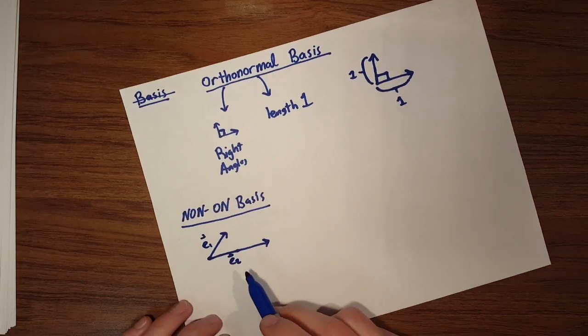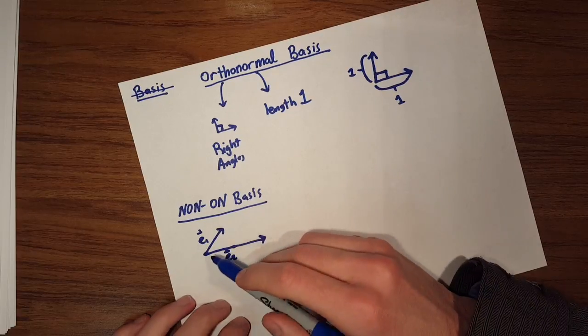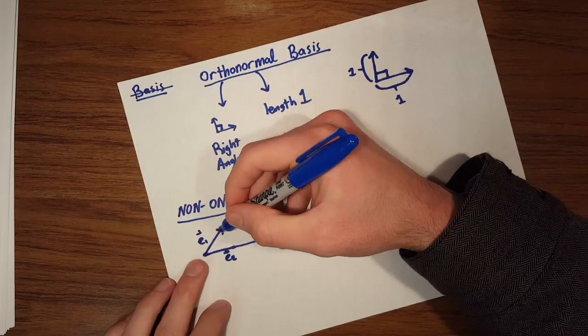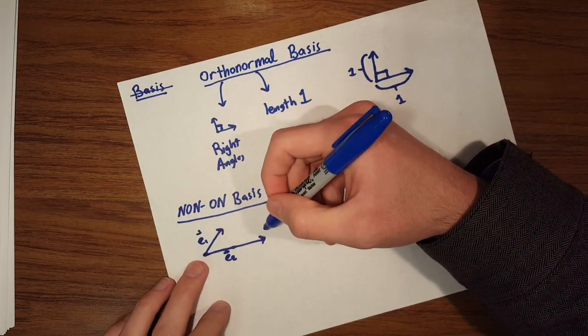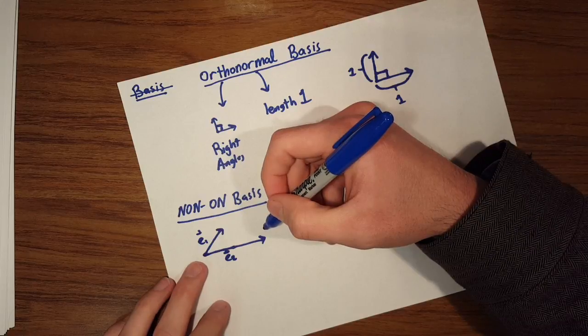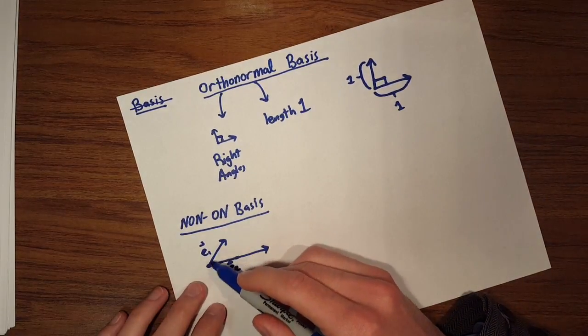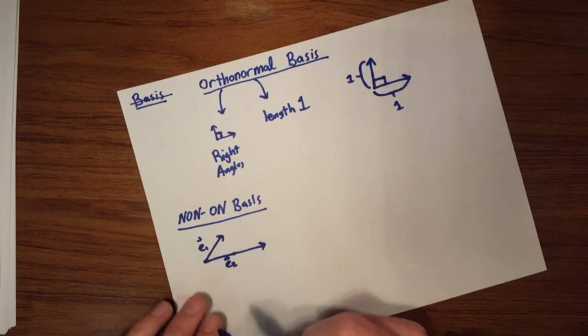Remember, we talked about interpreting the basis vectors as features in your data set. One thing that you'll notice is that this basis vector points off in a different direction than E2, but it still kind of goes horizontally a little bit, as well as vertically. So that means that there's a little bit of this feature present in this feature.